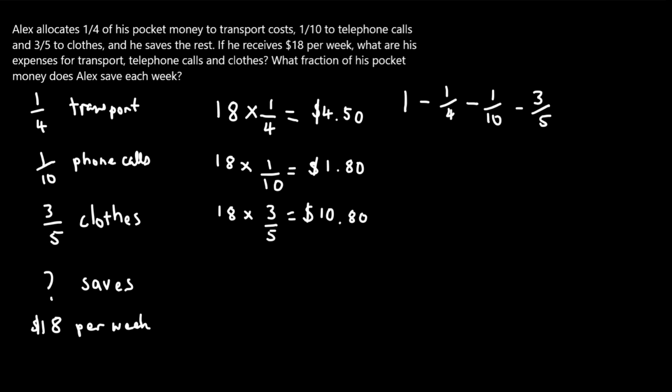So let's just do a little aside and do our times tables to help us work out the lowest common denominator. So there's 4, 8, 12, 16, 20, 24, 28. I'll come back to that if I need it, but that's a fair few of the 4 times tables there already.